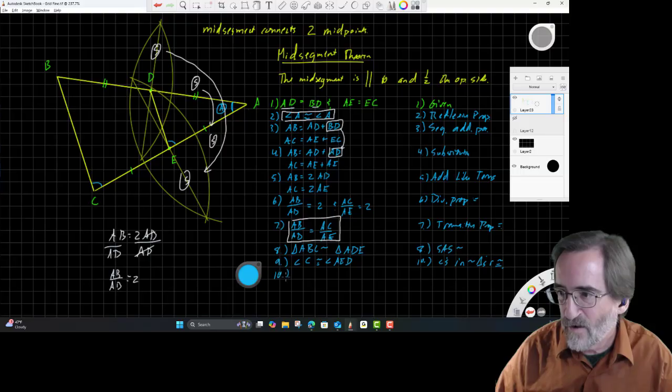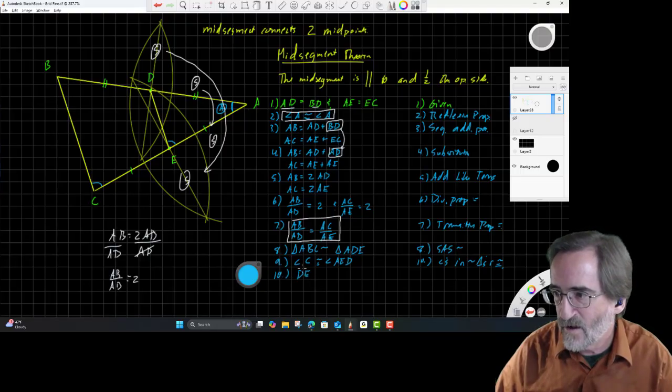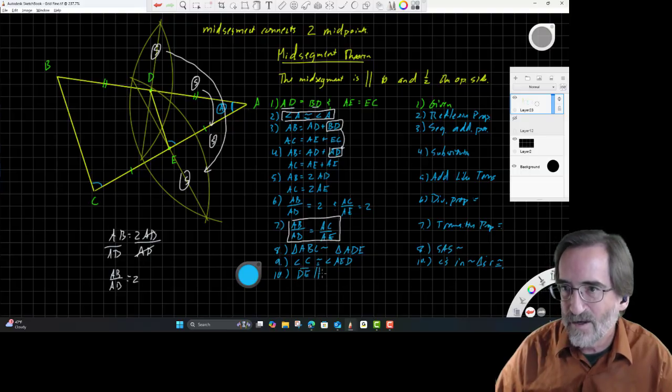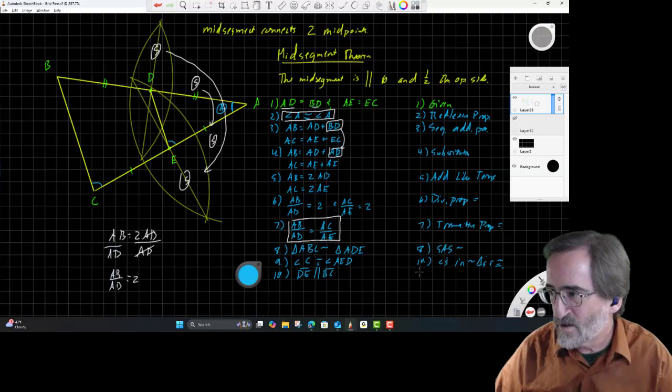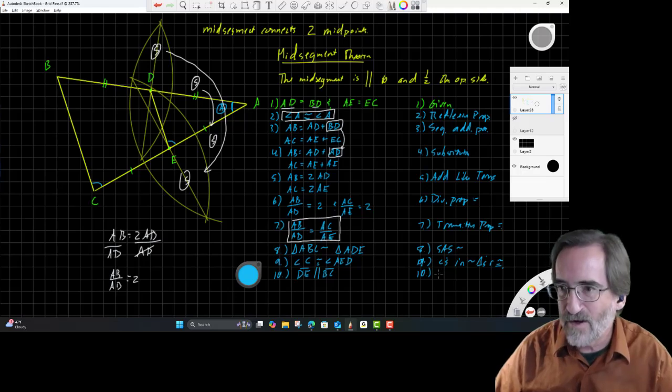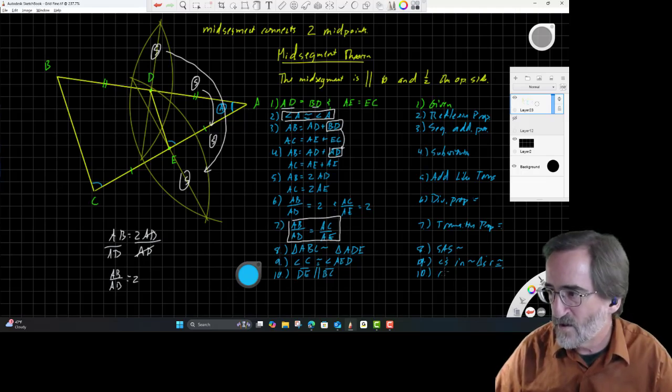And 10, we know that DE is parallel to BC, since, that's 9, not 10, this is 10, since by the converse of the corresponding angle postulate.